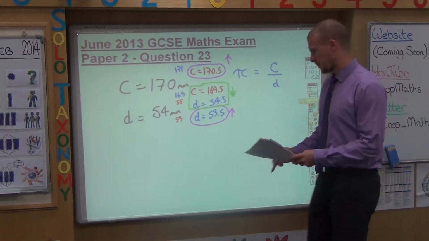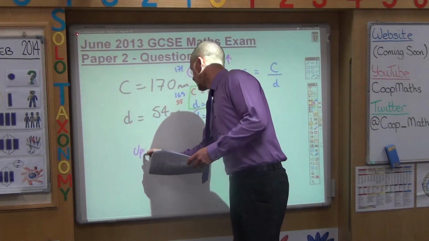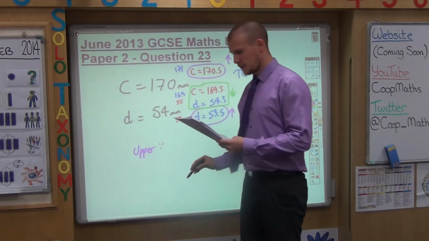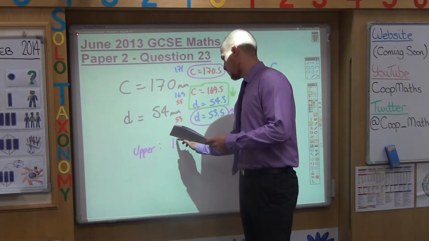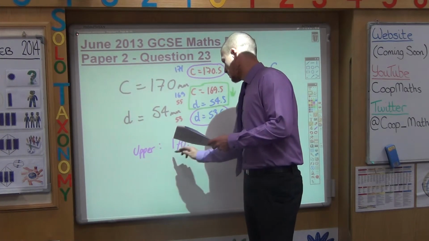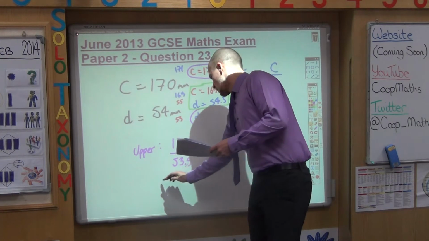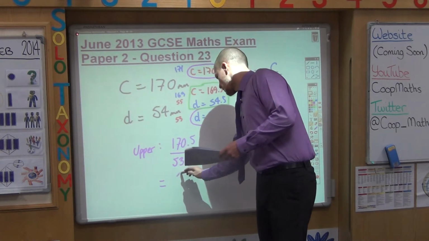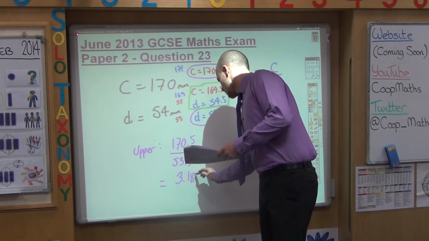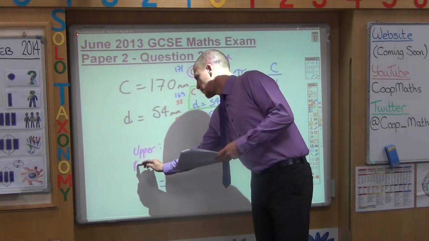So for upper, plugging those values in, 170.5 all over 53.5. That gives me 3.187 as being the upper bound.